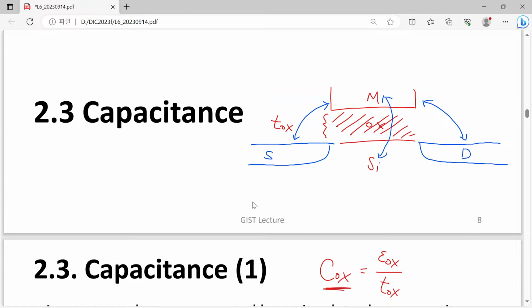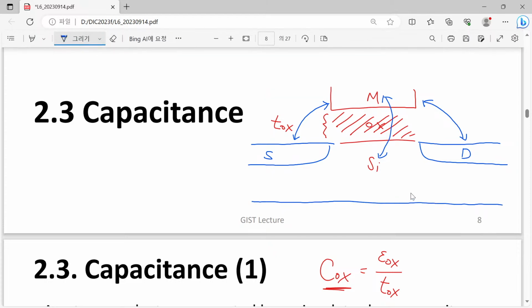Also, we have another one. In order to realize a planar MOSFET, we have to have a p-type substrate in the case of an NMOS. Then this is given as what? Usually highly doped N plus region and highly doped N plus region. So now we have a certain structure called a PN junction, because this part is p-type and this part is n-type.